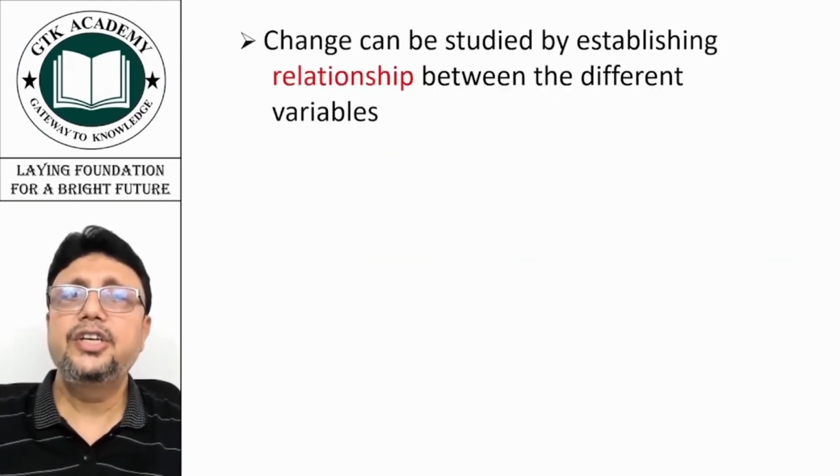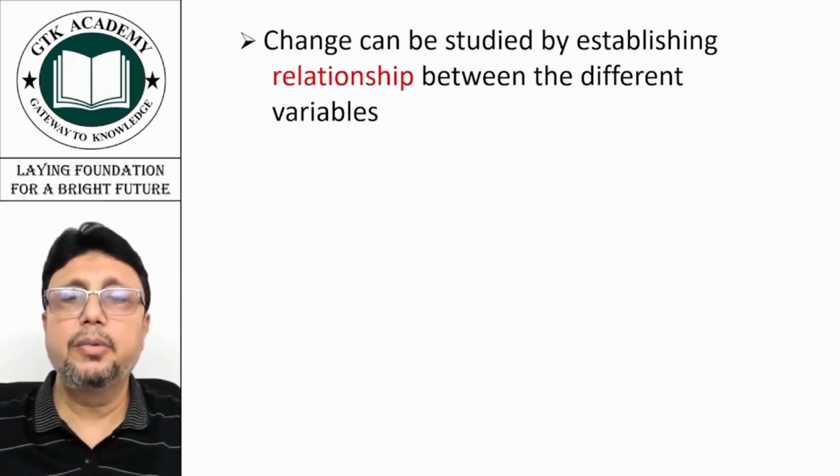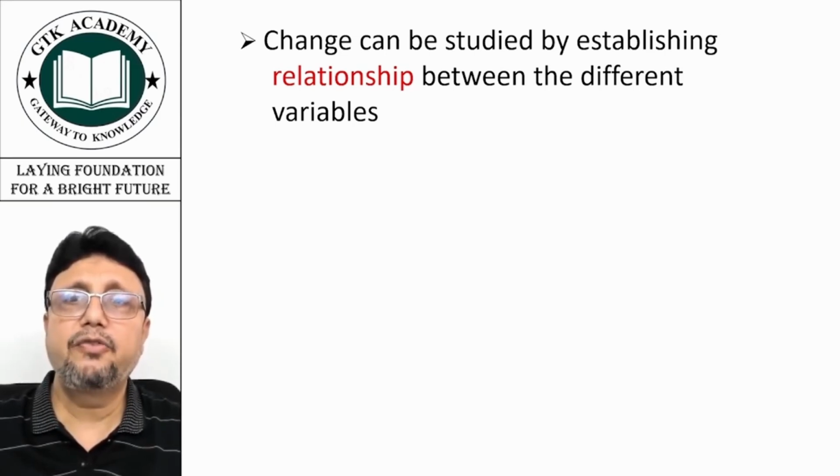Now we said that change can be studied by establishing a relationship between different variables. For example, in the earlier slide, I said that there is a variation in speed with time. So if we are able to establish a relationship between speed and time, we can study this change.